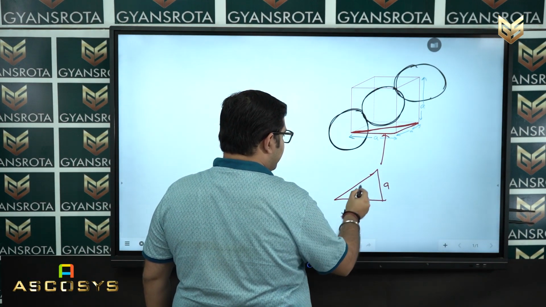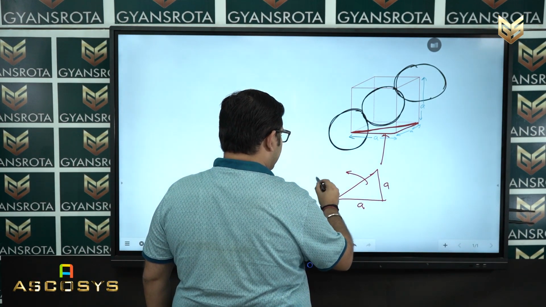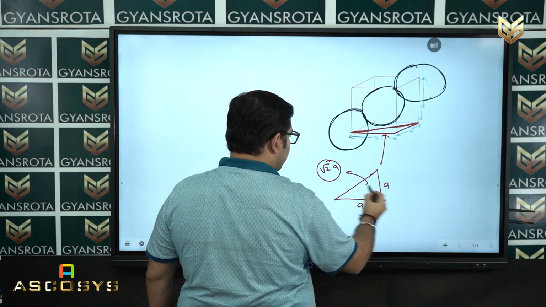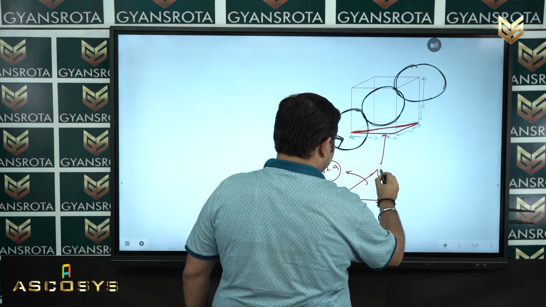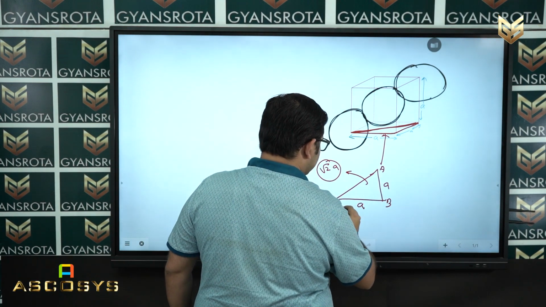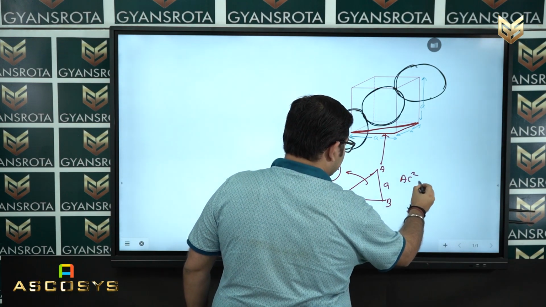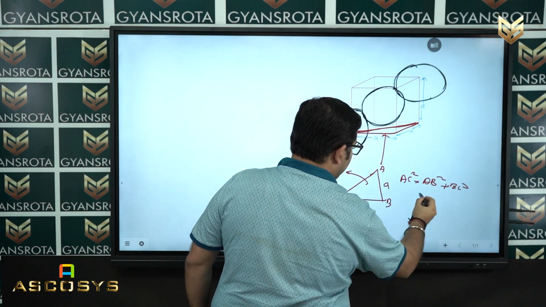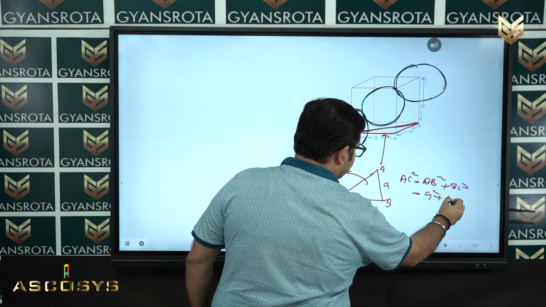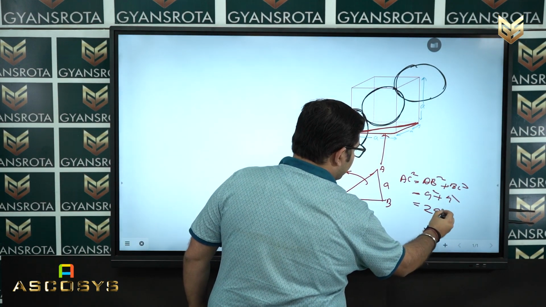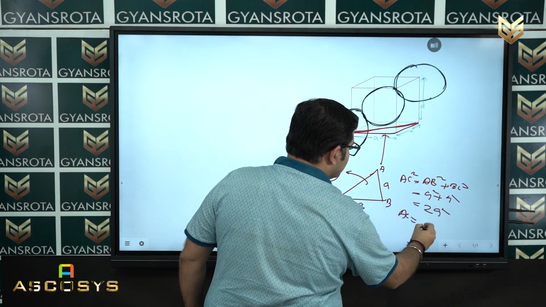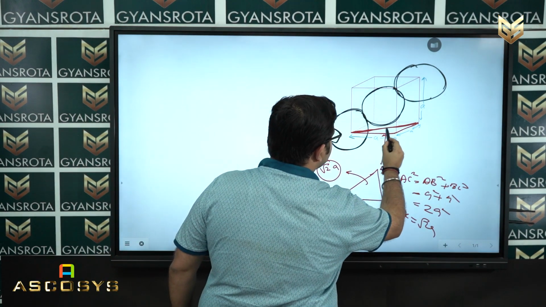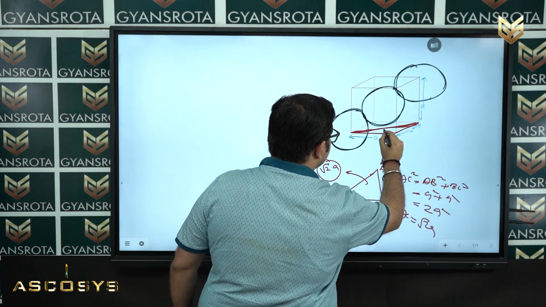By using the Pythagoras theorem it should come as root 2a. How will it come? If I take this as A, B and C, then AC square equals AB square plus BC square. So, that is A square plus A square, that is 2A square, AC means root 2a. So, this part is a root 2a.